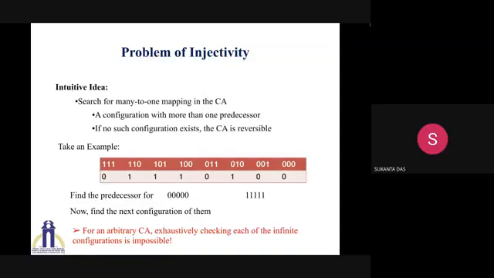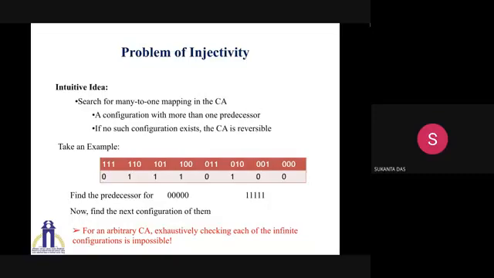Take this example, the example we took last day in the surjectivity test, with this automaton.